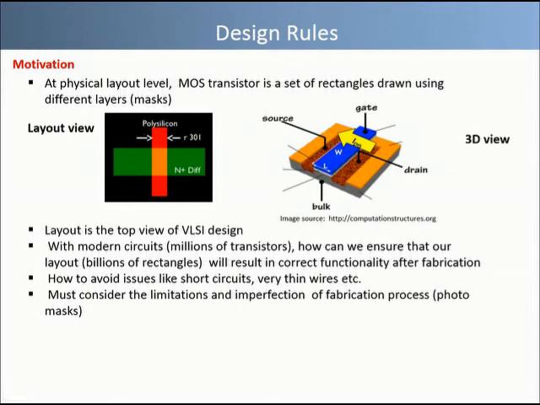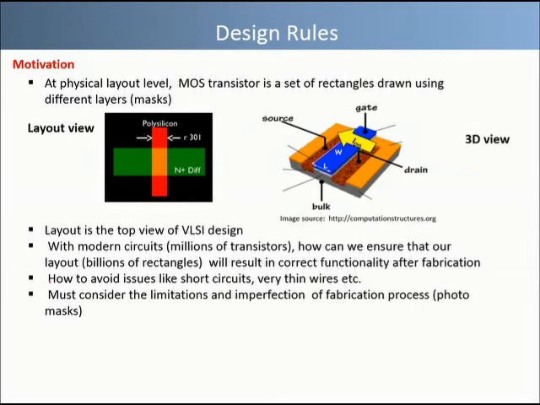For example, terminals of transistors, power and ground supply rails, connecting wires, resistors, capacitors and inductors, etc. Now with modern circuits consisting of millions of transistors, how can we ensure that our layout, which is actually a set of billions of rectangles, when it is sent to the foundry for manufacturing, shall be manufacturable and will behave correctly after fabrication, and how to avoid certain problems resulting from wrong layout.